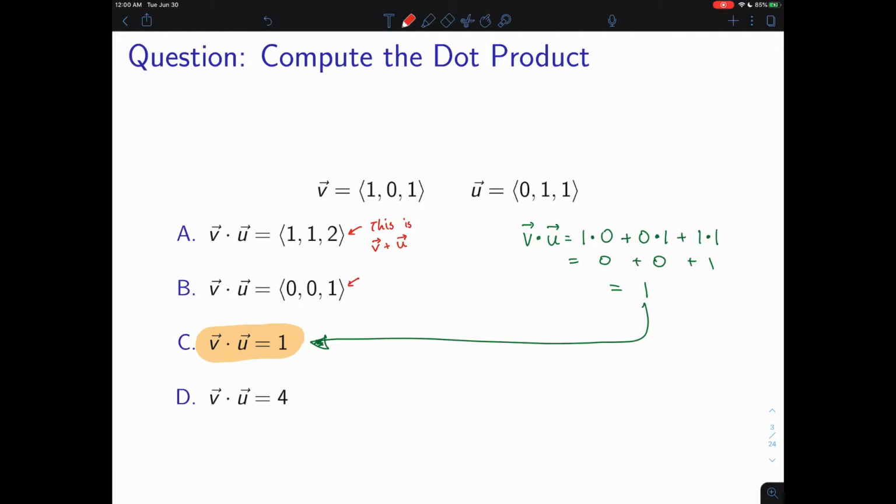For V dot U, this is where they multiplied the entries, but forgot to add them up, and made a vector instead.